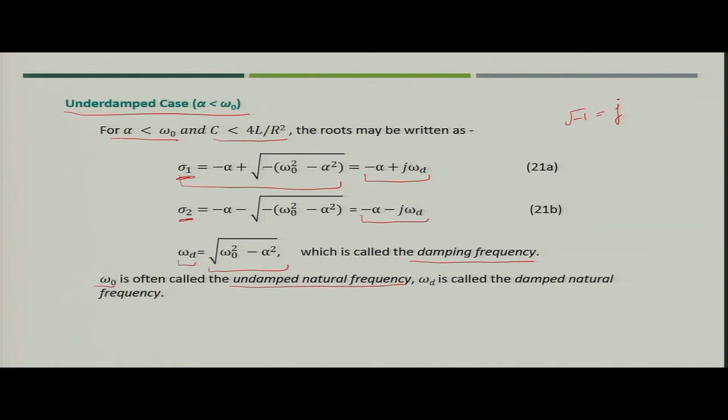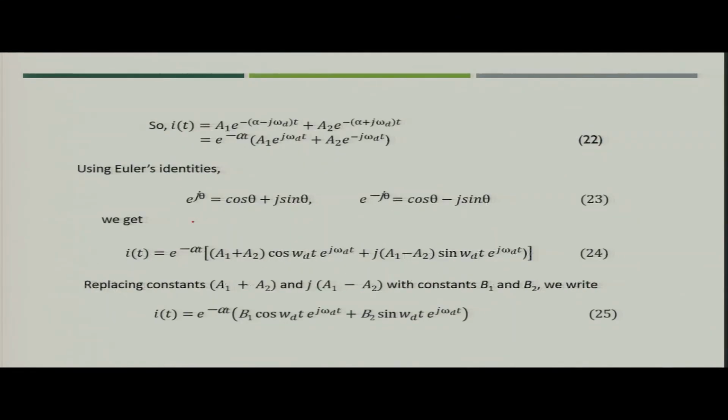When you put the value of sigma 1 and sigma 2 in the solution which we have got, that was I t equal to a1 e to the power minus sigma 1 t plus a2 e to the power minus sigma 2 t, you will get the response of I in terms of t. Then you know the Euler identity, that e to the power j theta can be represented as cos theta plus j sin theta, and e to the power minus j theta as cos theta minus j sin theta.